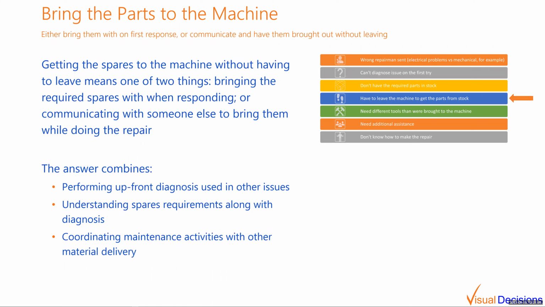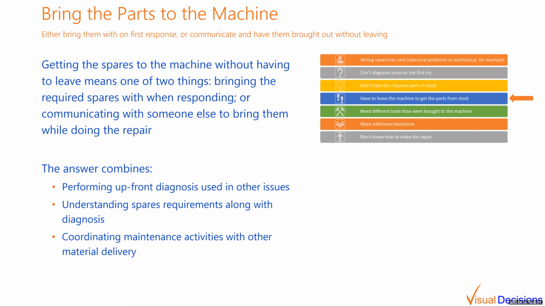Very often the maintenance person will go out to the machine, do the diagnosis, and then they'll have to go to the spares area or the tooling area to get the right materials to bring back to the machine in order to fix it. Just having something as simple as a better communication framework that you can get with an IoT system allows the maintenance person to request those spares to be brought to him at the machine by another party within the plant.